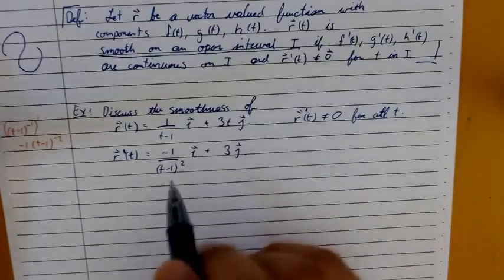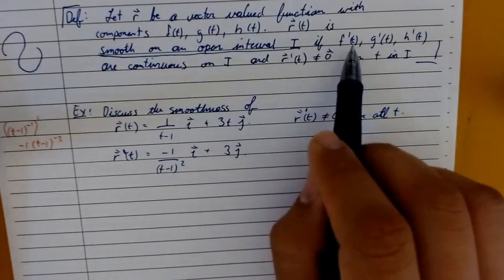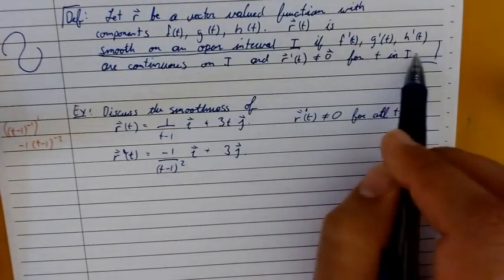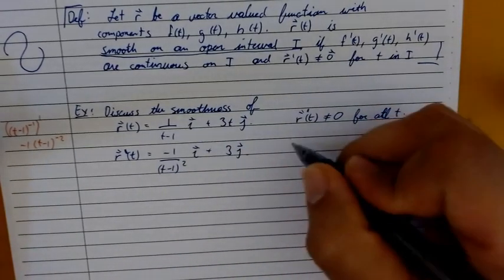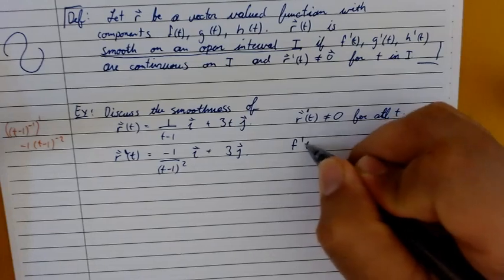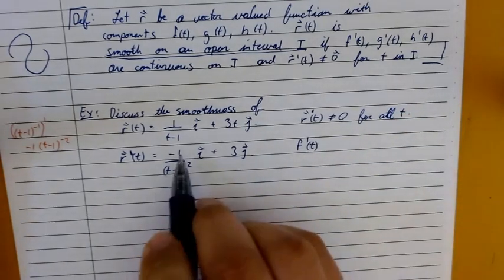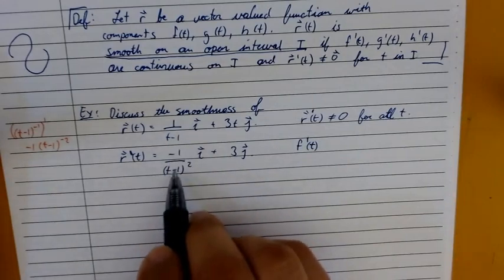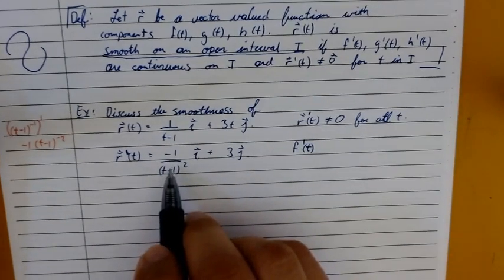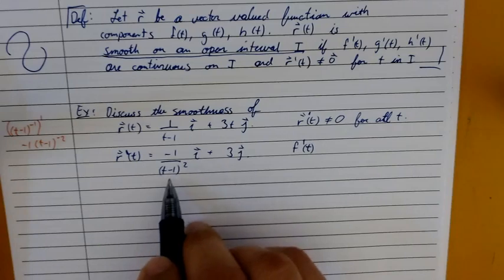Okay, all right, so now the other thing we need to do is look at the continuity of its derivative components. Here are the derivative components. f prime of t, that's this one here, the derivative of f. Where is this one continuous? Well, it's continuous everywhere except for 1. It's undefined at 1. It's got a discontinuity there.